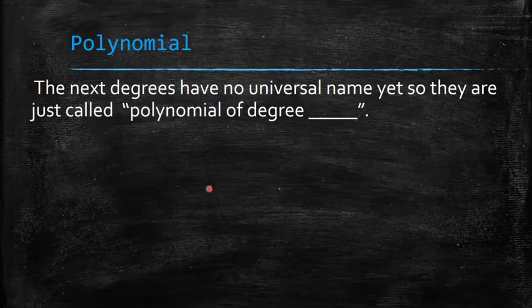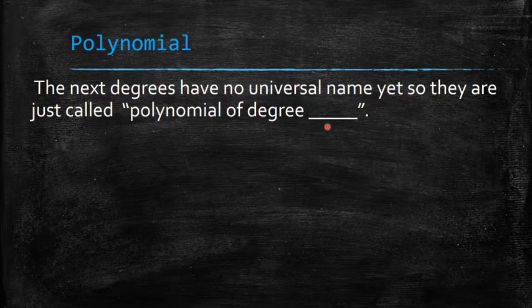Okay? The next degrees have no universal name yet, so they are just called polynomial of degree, depending upon the degree. Let's say the degree is 6, we call it a polynomial of degree 6. Or if the polynomial has a degree of 7, we call it a polynomial of degree 7.